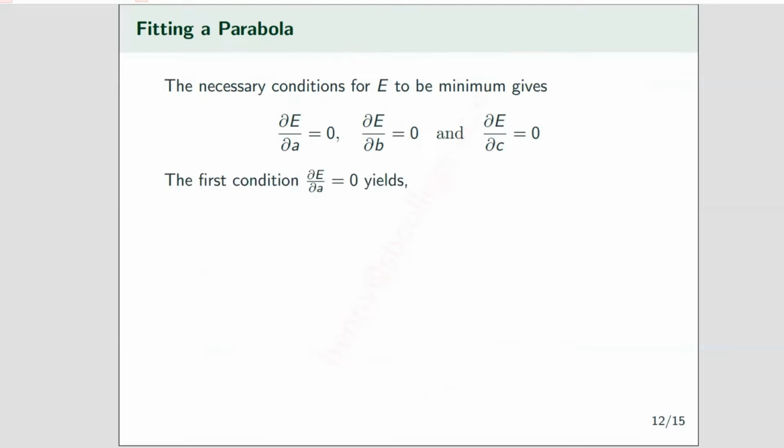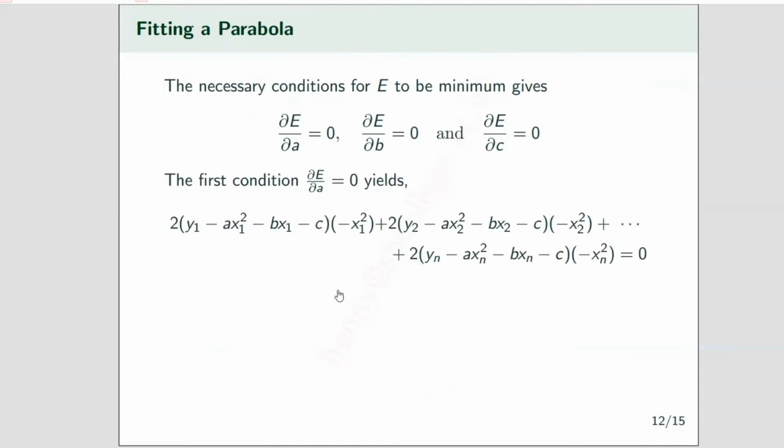So let's start with the first condition, dou E by dou a equal to 0. When you apply this, we get 2 into (y1 minus ax1 square minus bx1 minus c) into minus x1 square, because the partial derivative affects only the term with a, ax1 square.